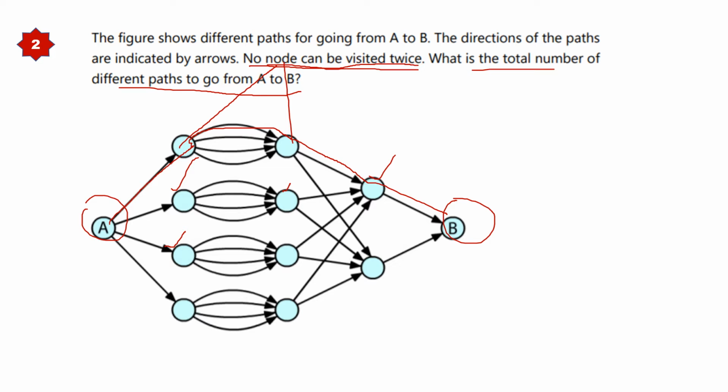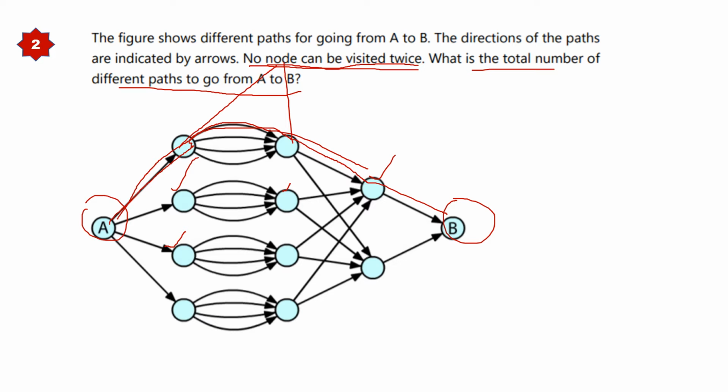If we look at these things, then 1, 2, 3, 4, 1, 2, 3, 4, 1, 2, 3, 4, 1, 2, 3, 4. Here 1, then 2, 3, 4, then 5, 6, 7, 8.